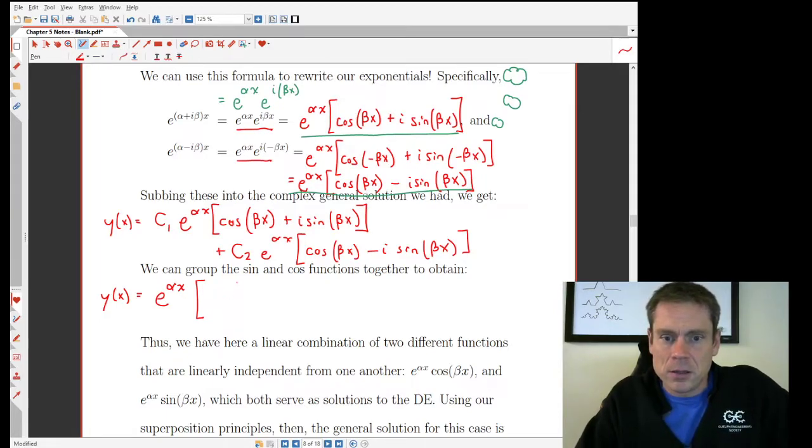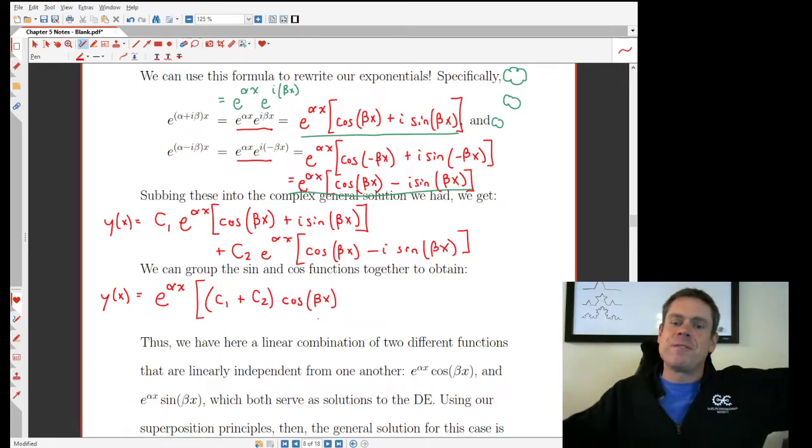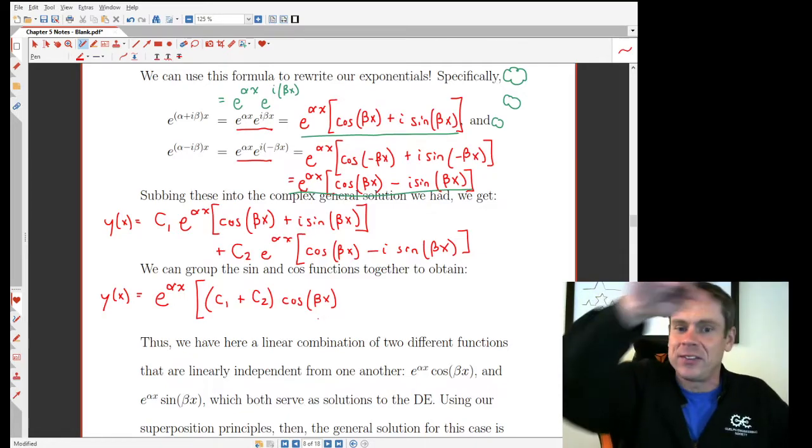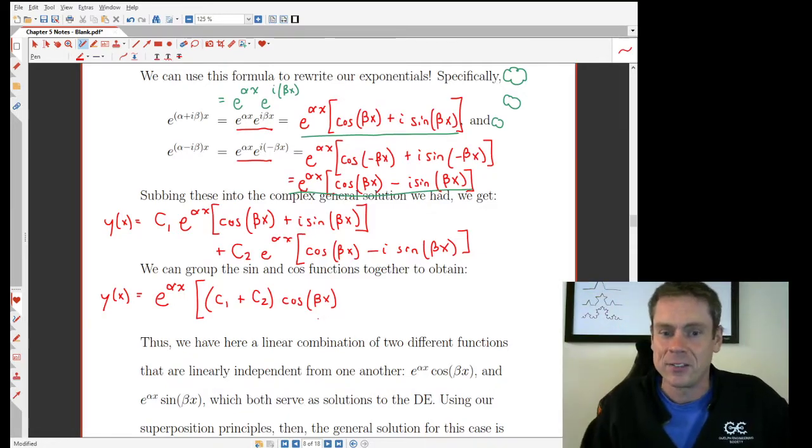And in the second one, I have a c2 cos of beta x. So I have a c1 plus a c2 in front of the cos of beta x. So I'm doing kind of a massive bunch of factoring all at once, but you can get there in a couple of steps if need be. All I'm doing is seeing what's common to the cos of beta x's.